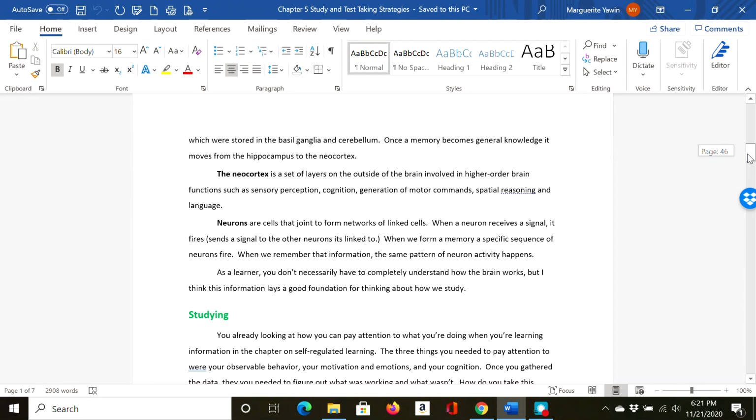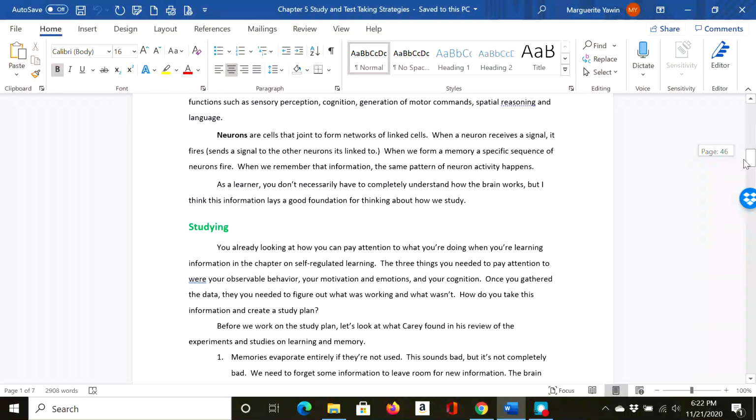Then we're going to talk about studying. Honestly, I say this about every chapter, this might be one of my favorite subjects. Benedict Carey wrote a book called How We Learn, and I should know, it's 200 pages.